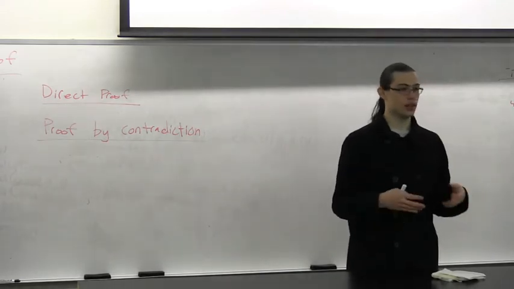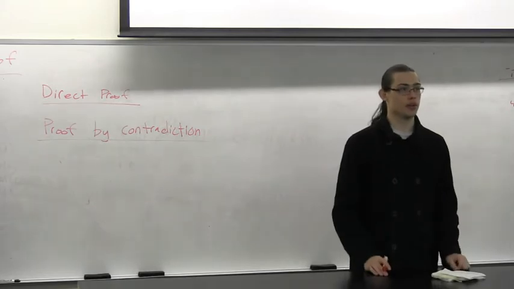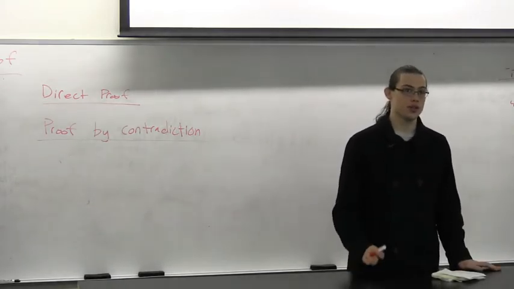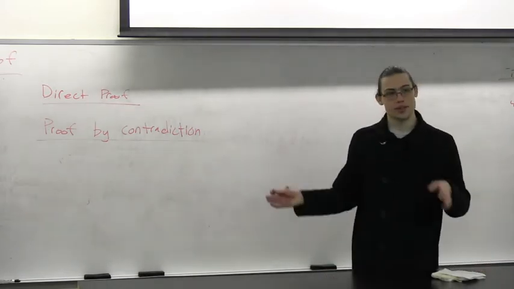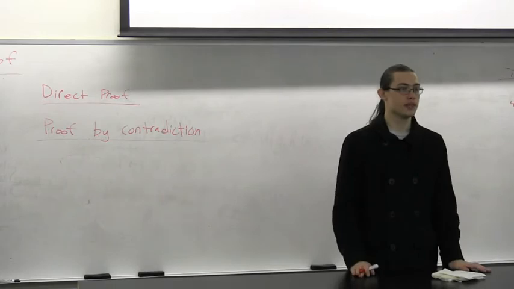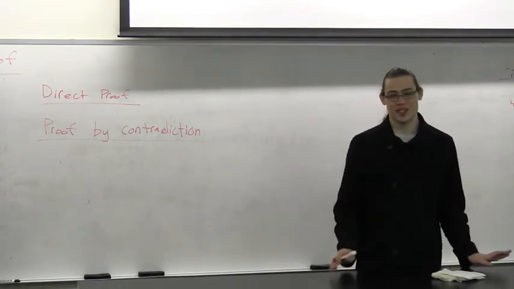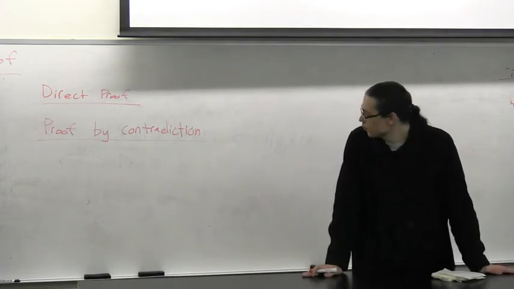You find that if your supposed assumption were true, then one of the axioms would be false, or some other statement that you've already shown is true would be false, which means you have a contradiction, which means your assumption can't be true, which means it must have been false. That's the basic idea of proof by contradiction.